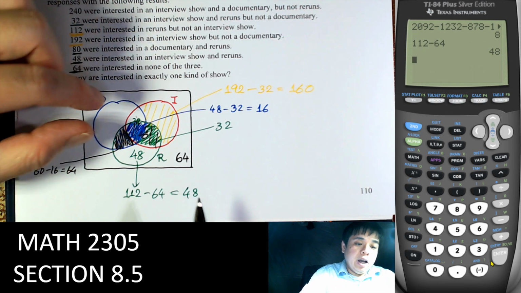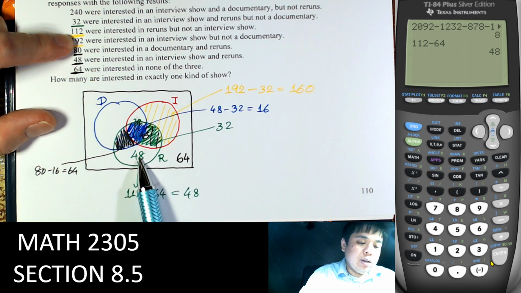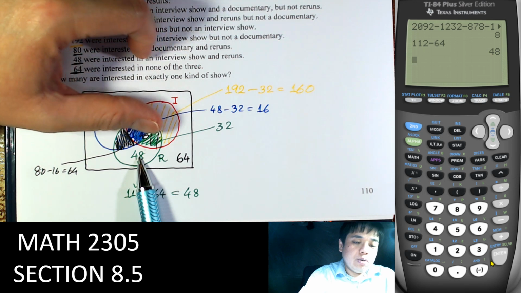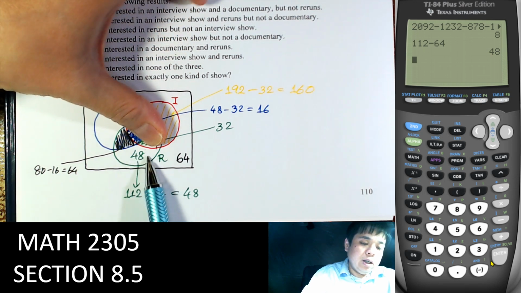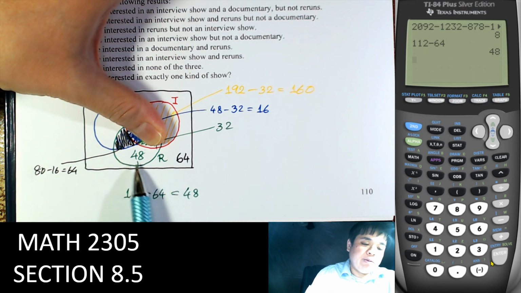Right? Because that is 112 in rerun, but not in the interview show. So we have that. Take out the 64 here, that's 48.